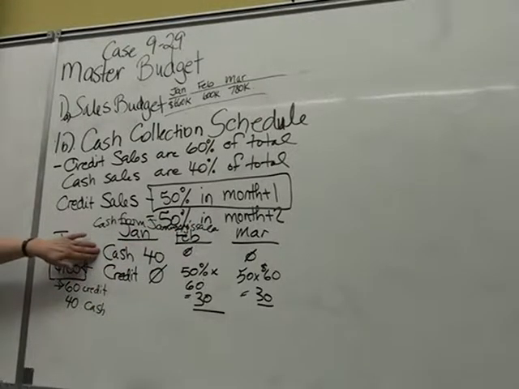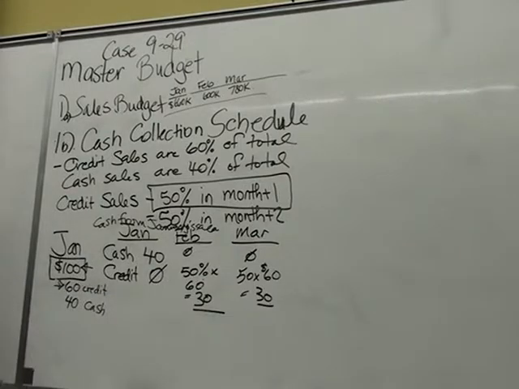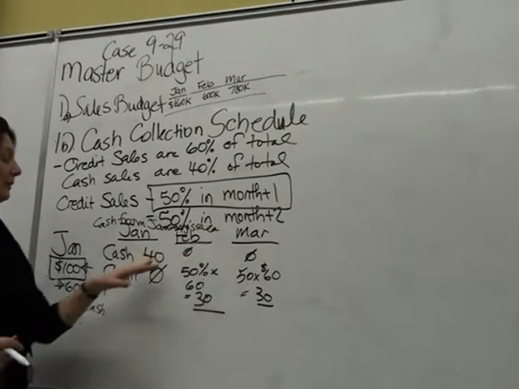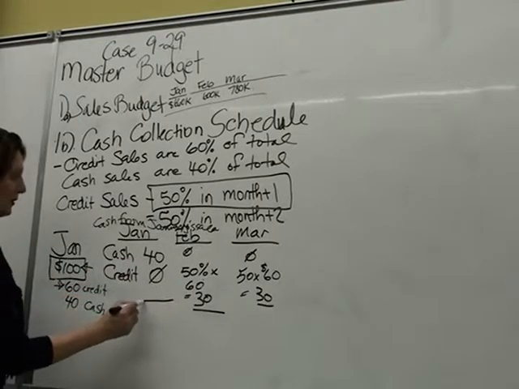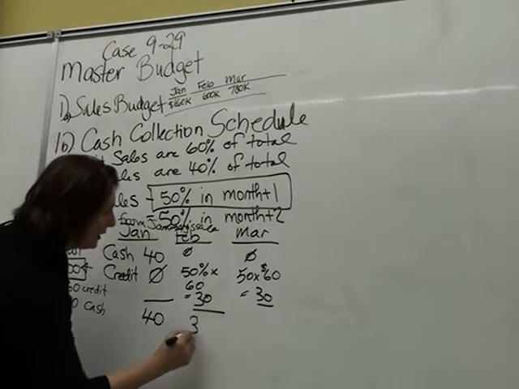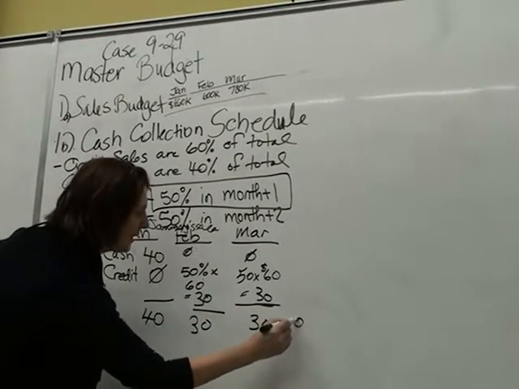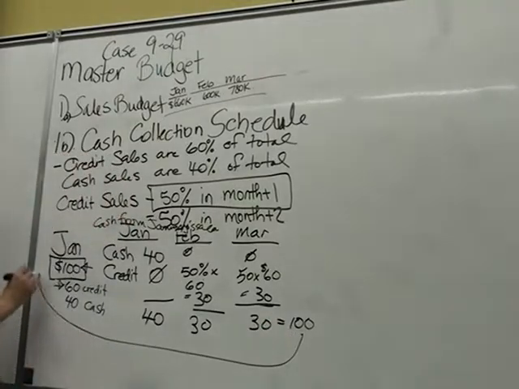So all of the cash is going to be collected in the month of the sale, but the credit is going to be 50% here and 50% here. Just like this is zero here. So in January, we're going to collect $40, in February, we're going to collect 30, and in March, we're going to collect 30, and that equals 100, which is what we sold in January. So that's relating to January's sale.